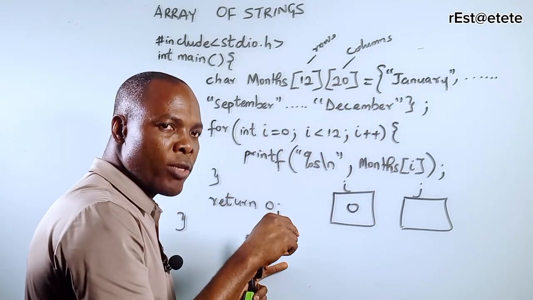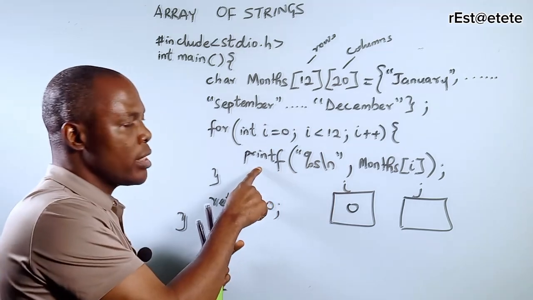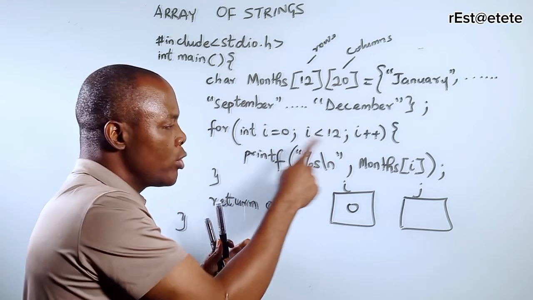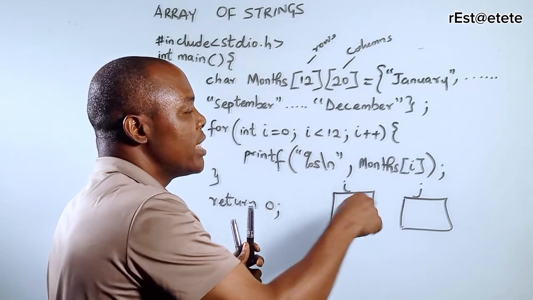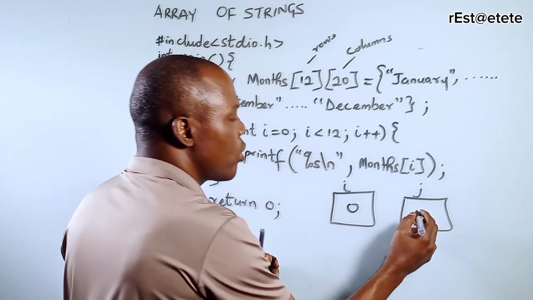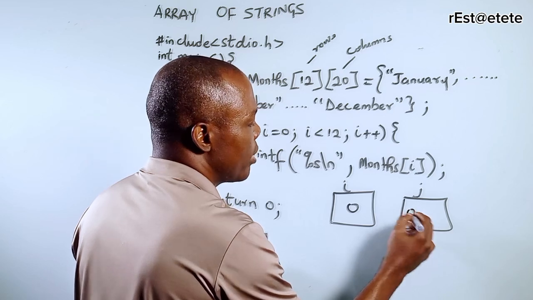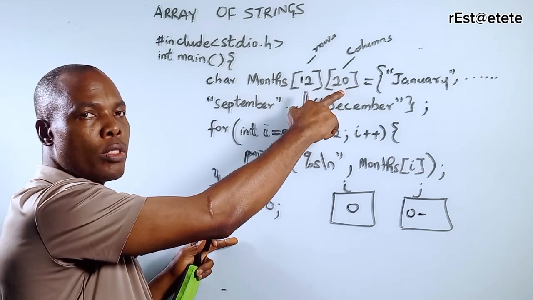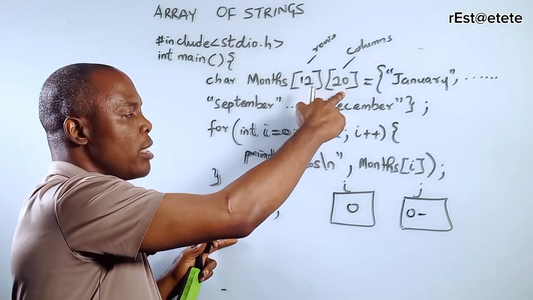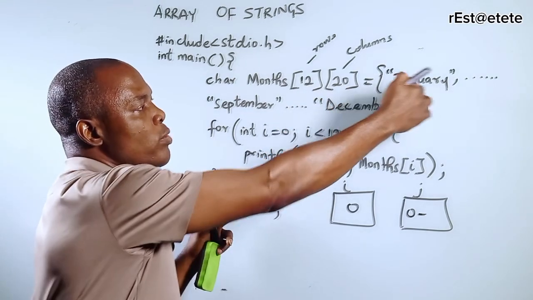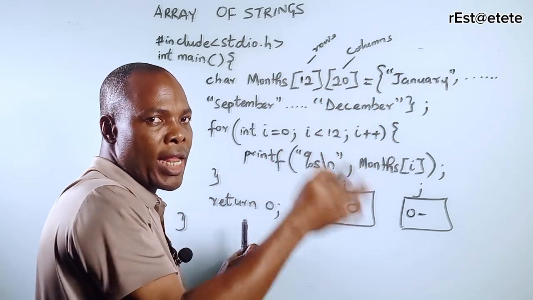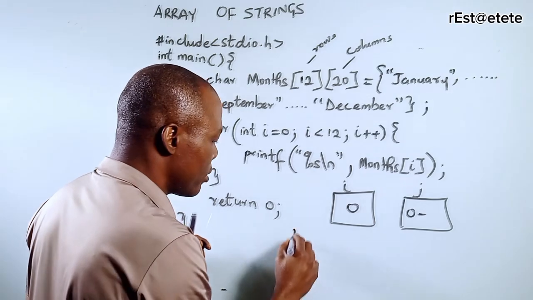When it hits that January, it will now start to iterate. Printf will begin to iterate because of this percentage %s. It will print out January, which means j will continue to increase from 0 to whatever. This 20 bytes for the column is going to take all the values, the characters and the null character. So I am having something like this.